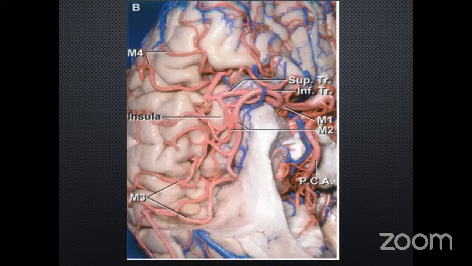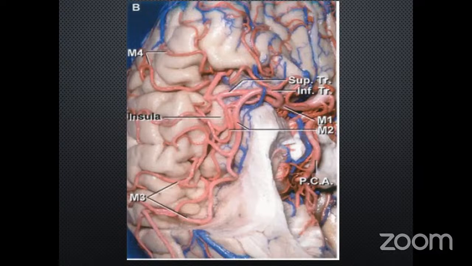So that's where the M2 starts, and it ends at the circular sulcus of the insula, where it becomes the opercular segment or the M3 segment. So the M2 segment is called the sylvian segment, insular segment. Yeah.